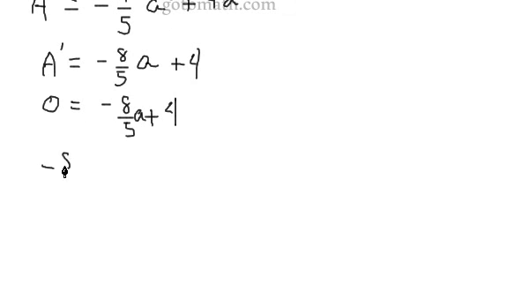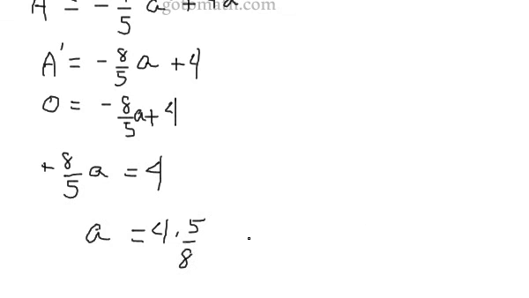Alright, so negative 8, or actually positive 8/5 A is equal to 4. And we multiply both sides by 5/8. So A is equal to 4 times 5/8.